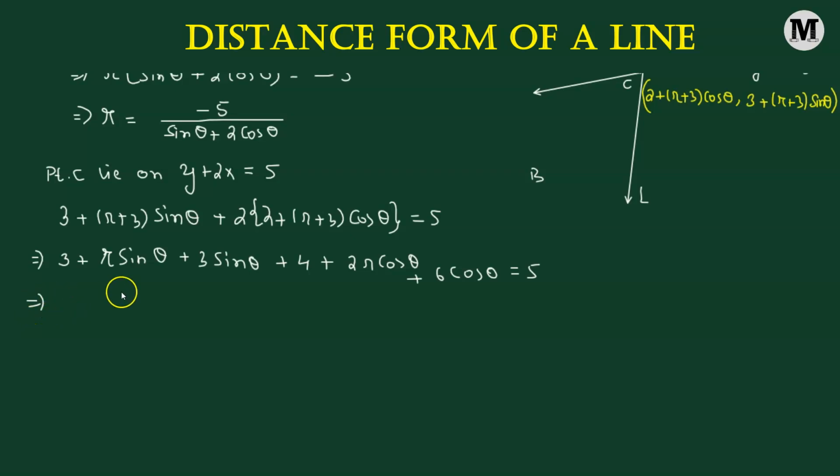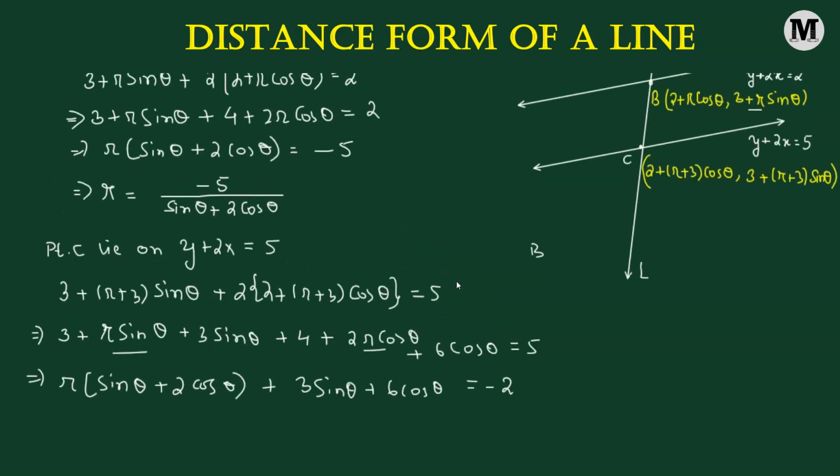Furthermore, we can take r as the common factor from these two terms. So r is going to get multiplied to sine theta plus 2 times cosine of angle theta. And then we are left with 3 sine theta plus 6 cosine of angle theta, that is going to be equal to 5 minus 7, that's going to be negative 2.